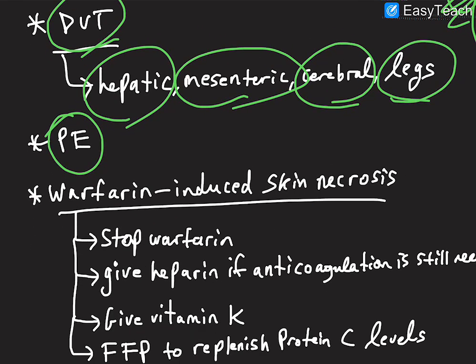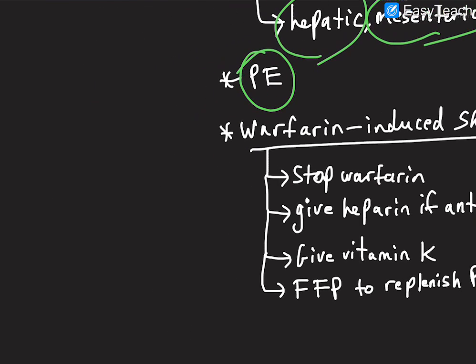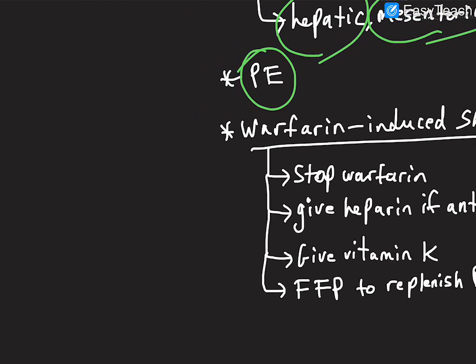Now, a really important concept to know is warfarin-induced skin necrosis. Usually, when you give warfarin, it inhibits vitamin K epoxide reductase. And we know that protein C has the shorter half-life when compared to factors 2, 7, 9, and 10.